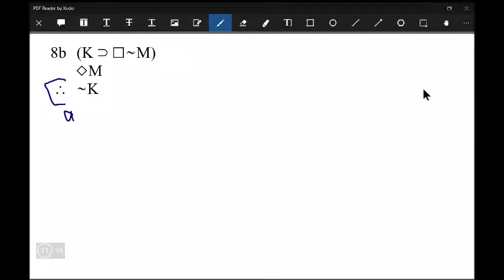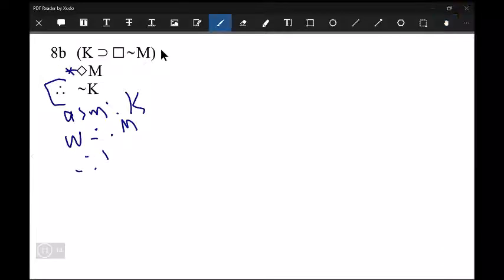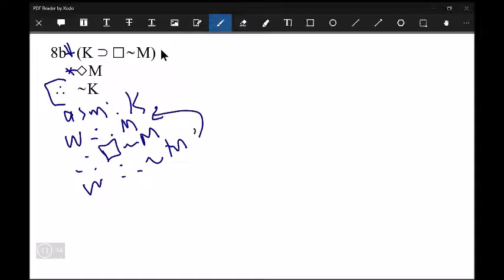Let's just prove it valid real quickly. Assume K, the possible M you put in world W, M, and then K implies box not M, therefore box not M. And then the necessary thing you drop in world W, not M, and then you get a contradiction.